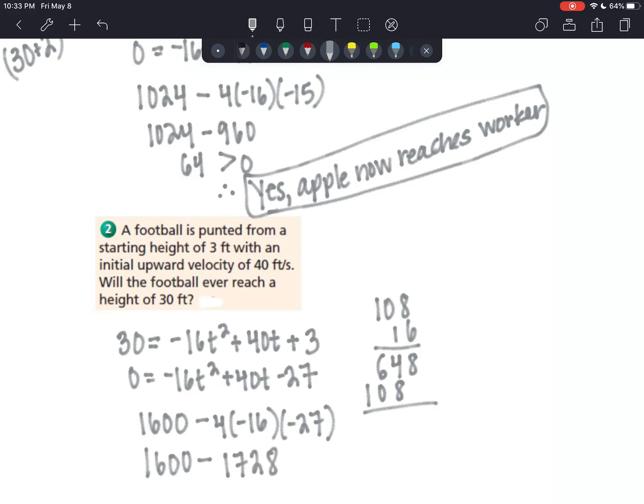So this is a negative number. This is not greater than 0. This is less than 0. Therefore, no, the football doesn't reach the height of 30.